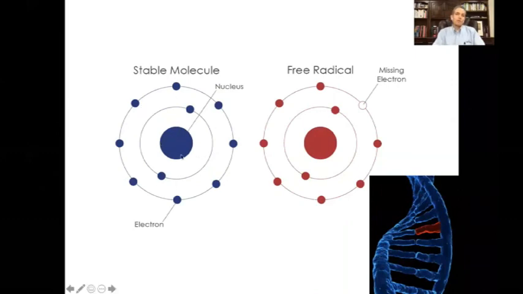So your molecules, your atoms, they have these electron shields around them, right? This electron cloud, actually, that's around them. And those electron clouds like to be stable. And so this first shell likes to have 2 electrons in it. The next shell out wants to have 8 electrons in it.